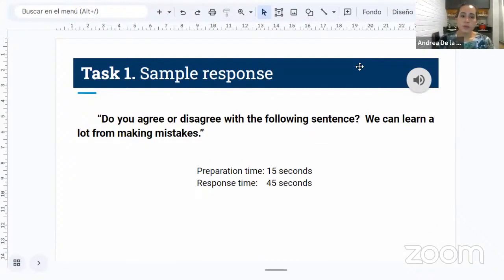Remember the question was, do you agree or disagree that we can learn a lot from making mistakes? So what was his response to this question? Did he agree or disagree? I think he agrees. Exactly, he agreed. He says that he agrees that we can learn a lot from making mistakes. How many reasons and examples does he give?